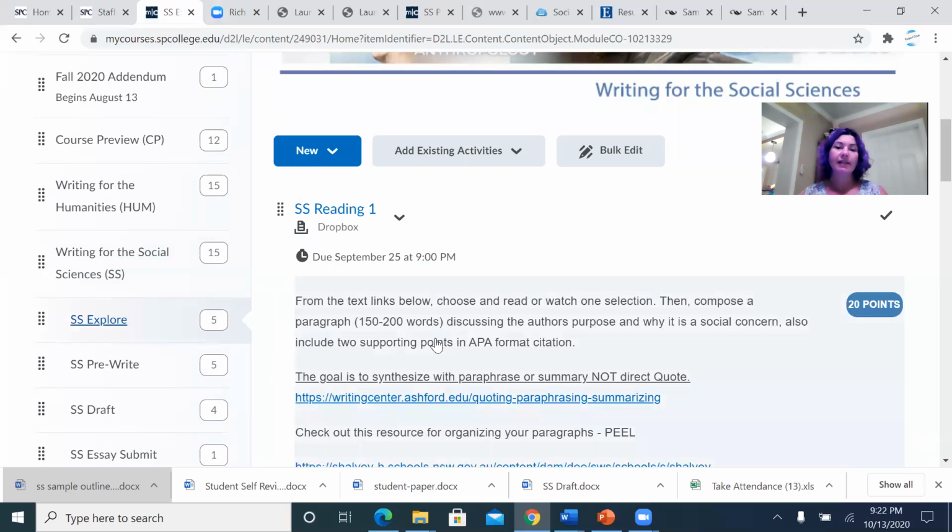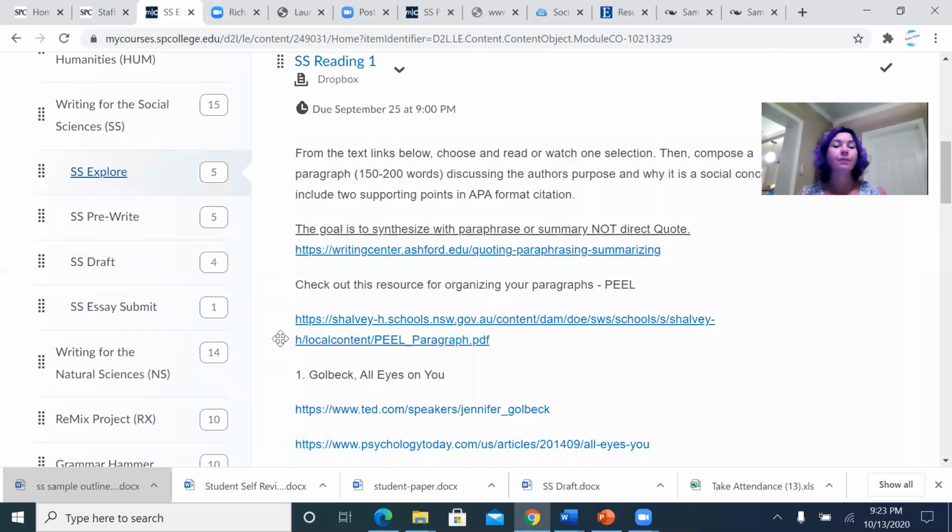So the practice assignments or the building assignments in the Explore and the Pre-Write unit are all intended to help students build the skills and the craft to be successful on the formal essay. So if we need to maybe review about quoting and paraphrasing and summarizing, please come back and look at the resources that were posted for you in the Explore session.